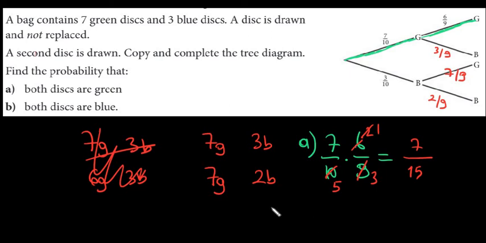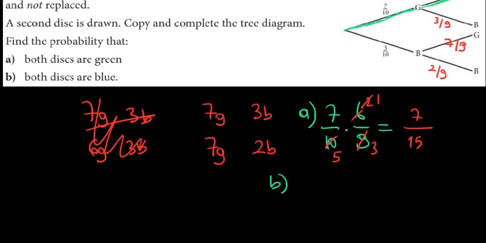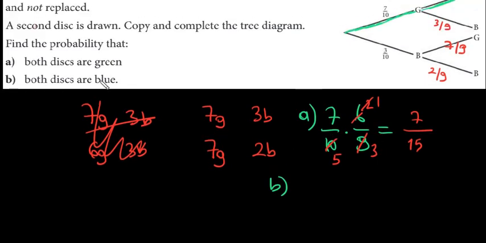Now let's look at the second. B. The probability of getting both discs blue. So let me make it another color. Let me make it yellow. Blue. In the first, I'm going to get a blue. In the second, I'll also get a blue. Okay? I'm doing B. So in the first blue, 3 over 10 times in the second blue, 2 over 9.